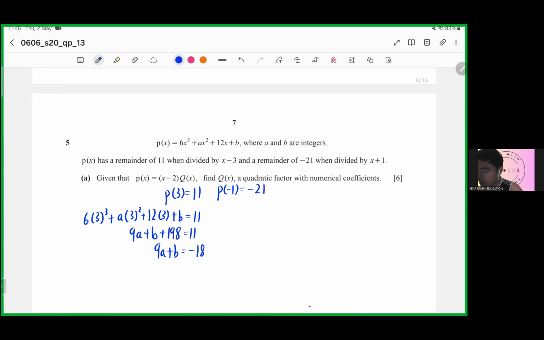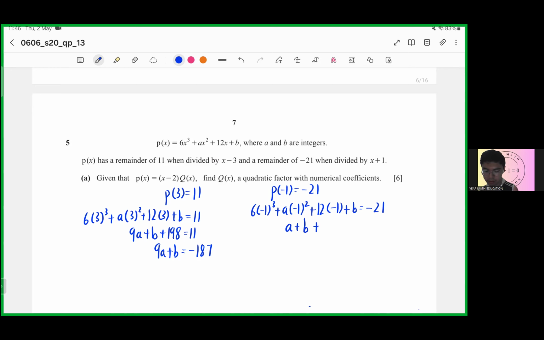Okay, negative 187. And then we look at the second equation. 6 times negative 1 cubed plus a times negative 1 squared plus 12 times negative 1 plus b equals negative 21. Okay, negative 6 equals negative 21.